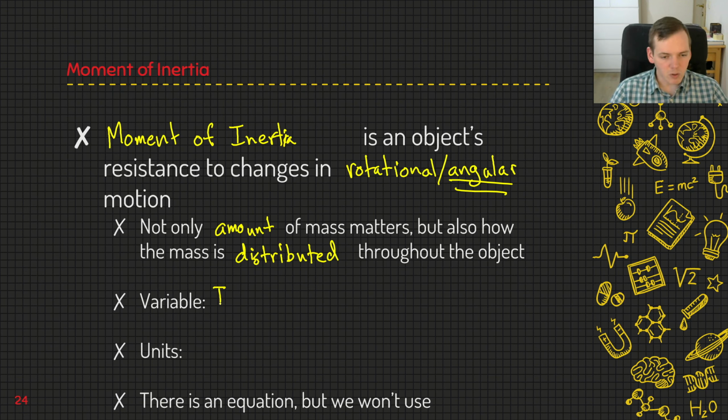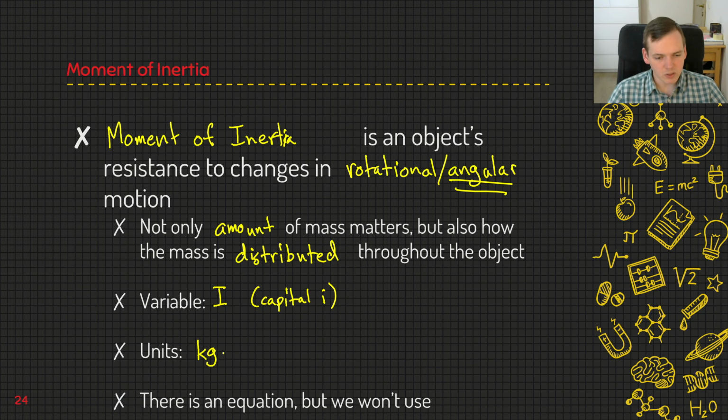So the variable is a capital I for moment of inertia. Capital I, I'll put a little lowercase i so it's a little bit easier to tell that it's an I. The units for moment of inertia are kilogram meter squared. And there is an equation for calculating it, but we're not going to use it in this class.